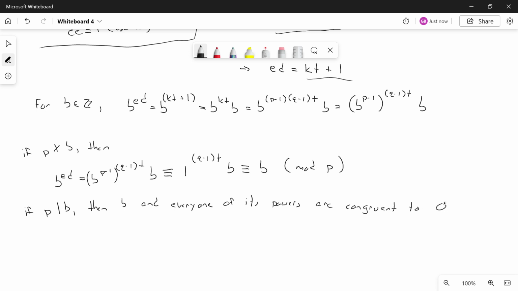Because remember, if it divides, there is no remainder, that remainder is 0, which just so happens to mean that the two things are congruent to each other. So again, we get that B is congruent to 0 mod P.